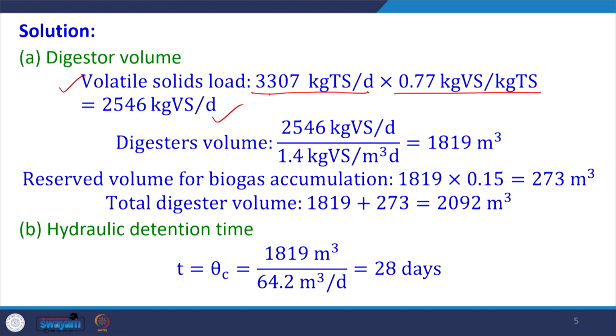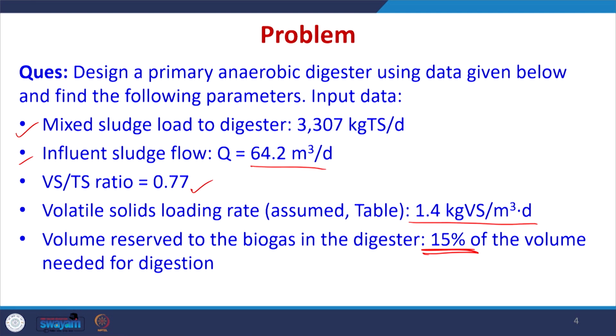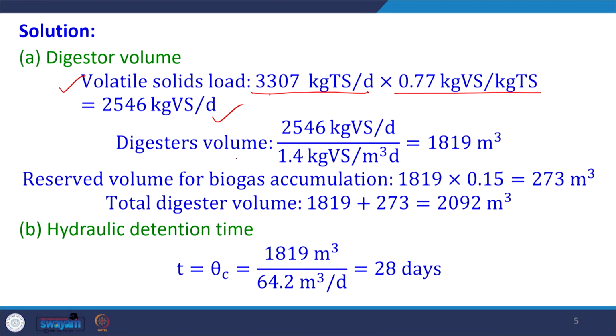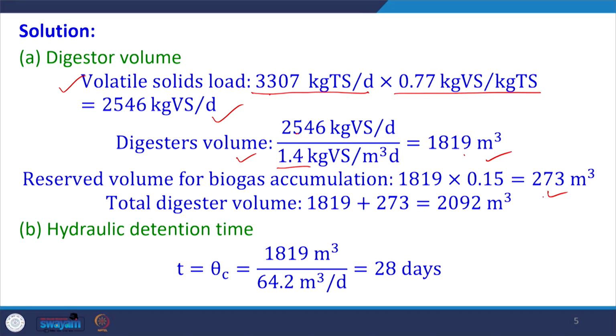Now for the digester volume, we are going to take a volatile solids loading rate of 1.4 kg VS per meter cube per day. So the digester volume will be this divided by 1.4, and it comes out to 1819 meter cube. Since we are assuming that 15% will be reserved for biogas, adding this 15%, roughly we have 2092 meter cube as the digester volume.